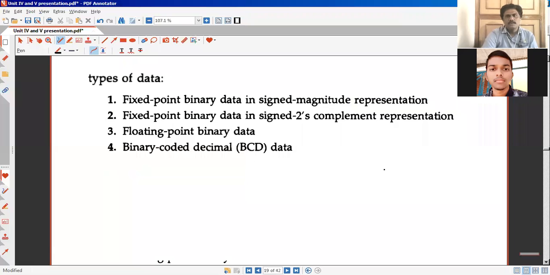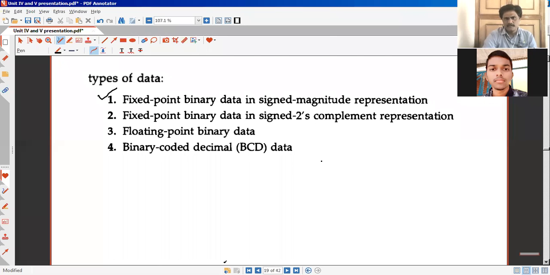Whenever I want to do any arithmetic operation, first I should decide what type of data it is, with what type of data I can perform addition, subtraction, multiplication, and division. There are mainly four types of data we can use. One is fixed point binary data in the signed magnitude representation. This is what we do in our day-to-day life.